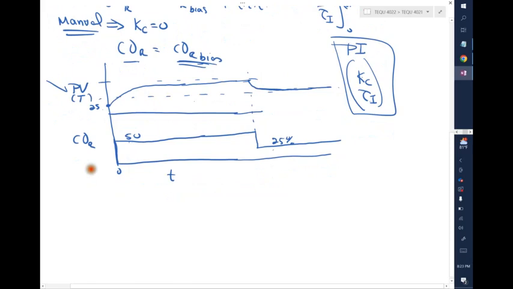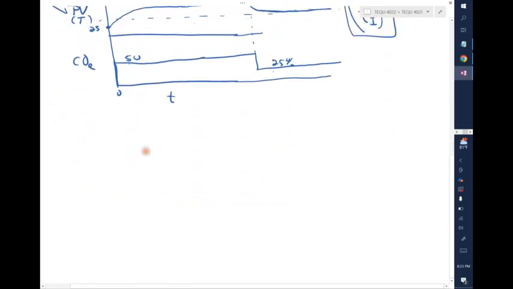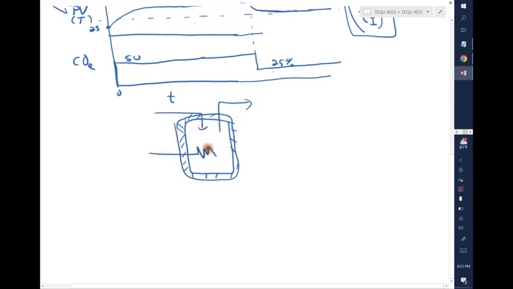So let's go back again and recalculate some of these parameters so we understand what we are doing. We have a vessel, as always. It's adiabatic. There's an input here, there's an output, and there's a resistance, some heat getting here.